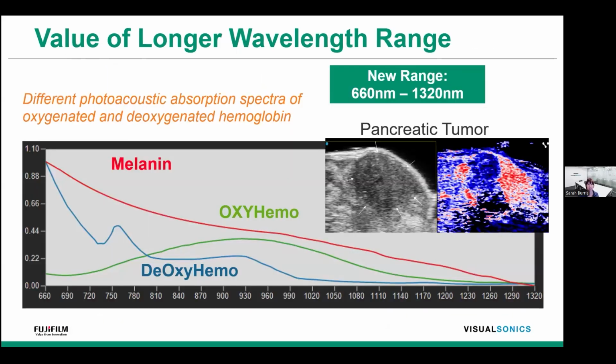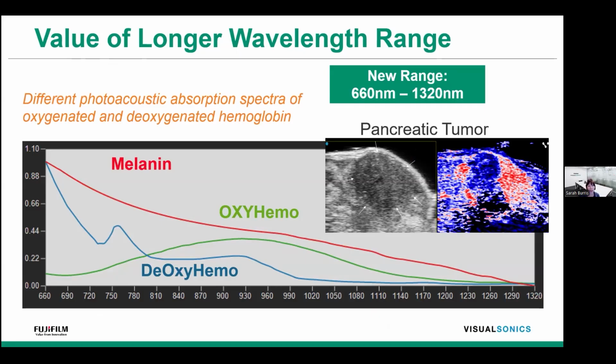Now, in addition to having higher energy and greater sensitivity, this Laser X20 also has a new expanded wavelength range for detection. Our previous system went from 680 to 970 and then had a gap in its acquisition, and then you could image again from 1200 to 2000.